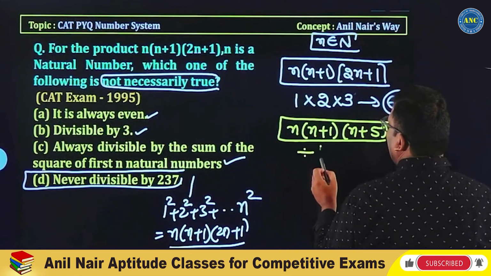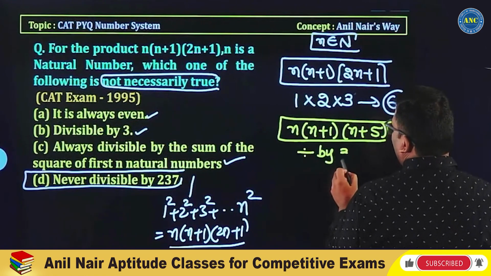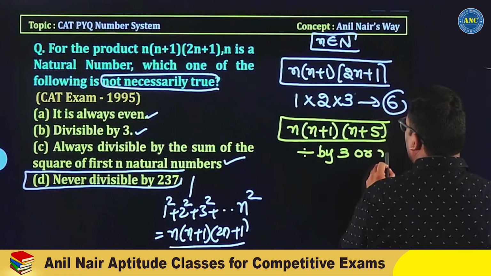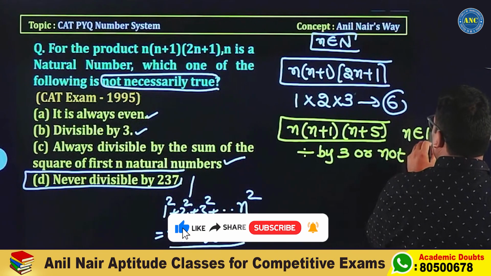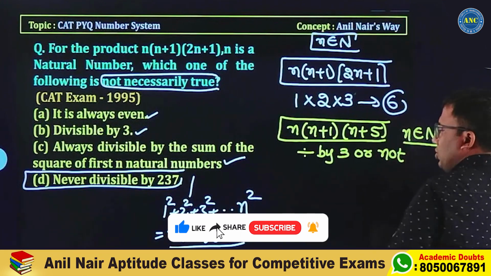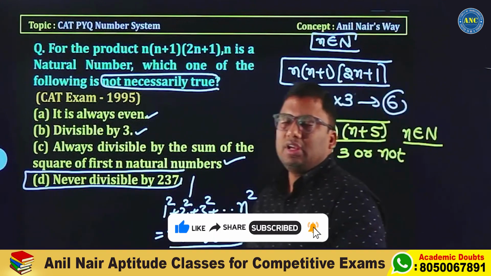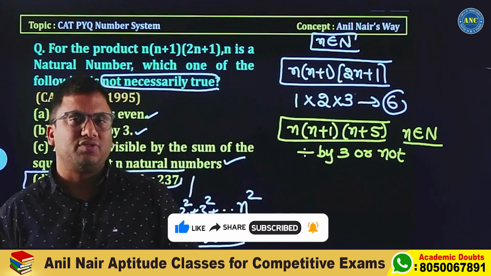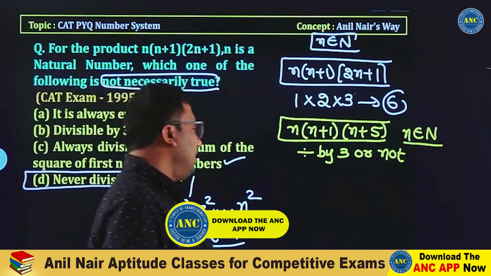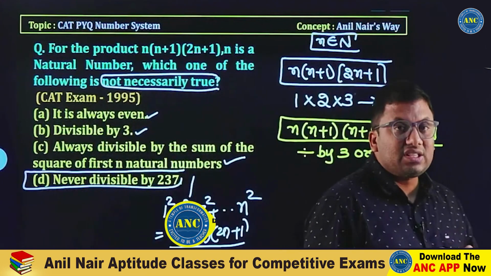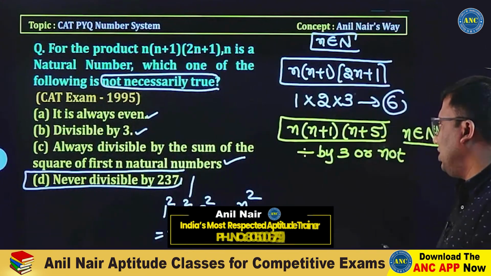The answer should be either yes or no. If n is a natural number, n into n plus 1 into n plus 5, is it divisible by 3 or not? This is the question. If you get this kind of question, what should be the approach?